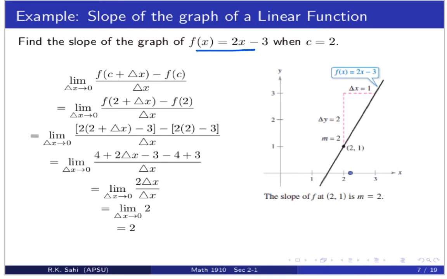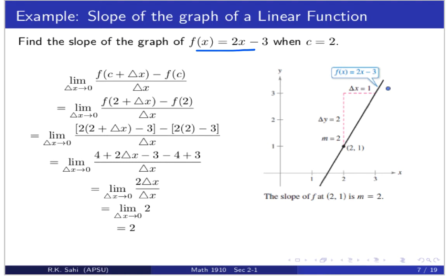Clearly, if you notice on the right-hand side of the slide, this is a straight line, and we all know by looking at the equation that the slope of the straight line is 2. It doesn't matter what point we look at on this line.